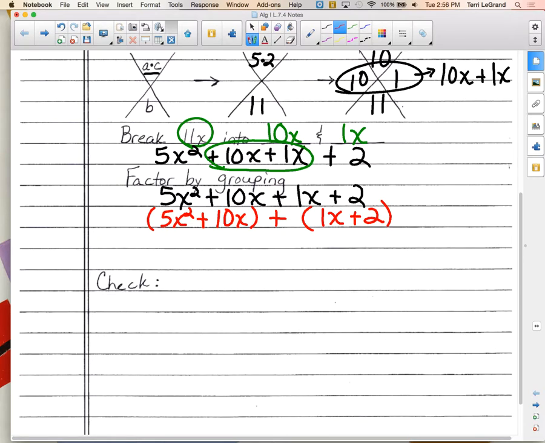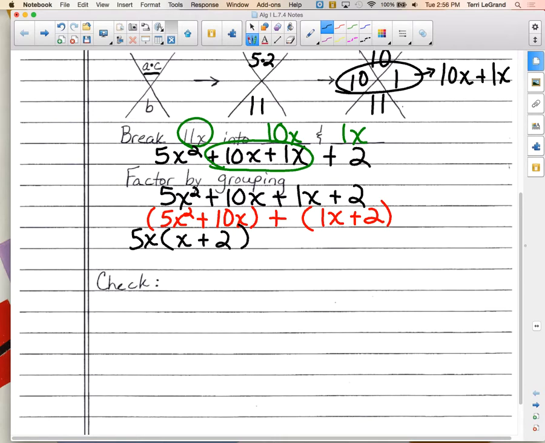The first group says, what's my GCF? What's the first group's GCF? 5x. What's the result? X plus 2. 5x squared divided by 5x is x. 10x divided by 5x is 2.